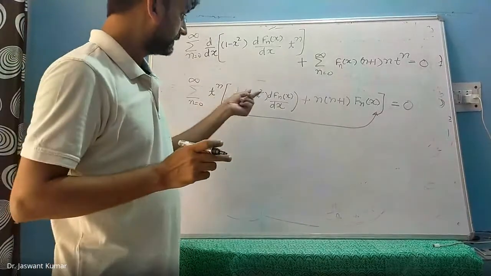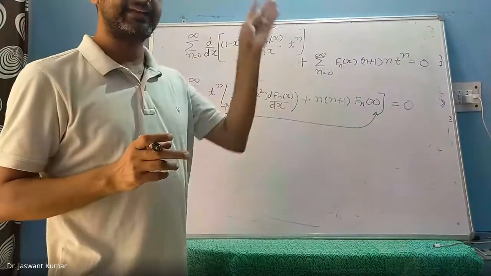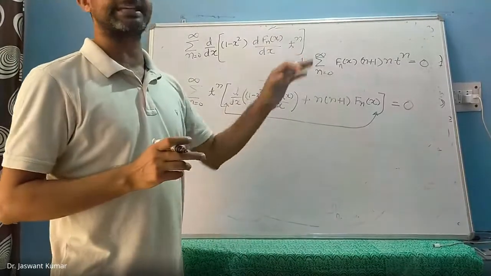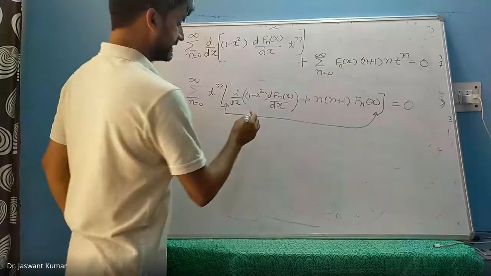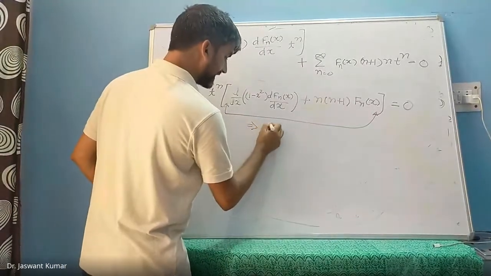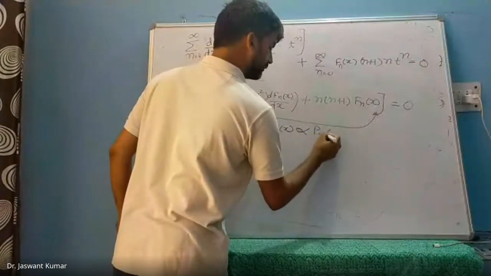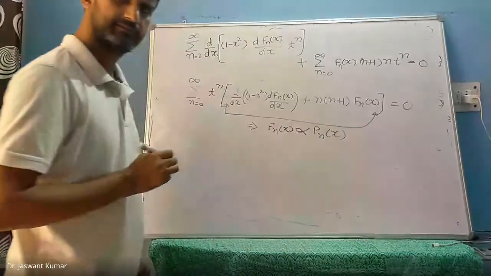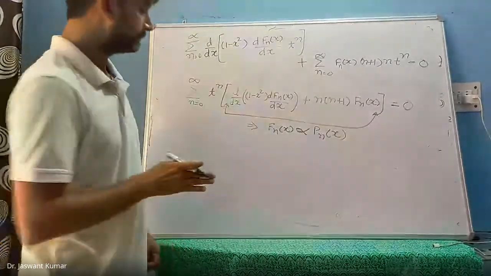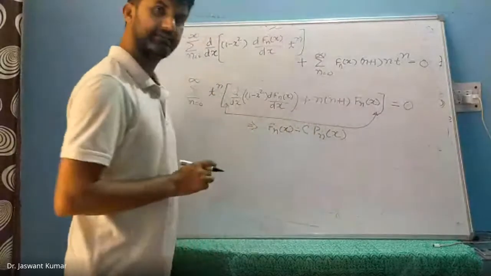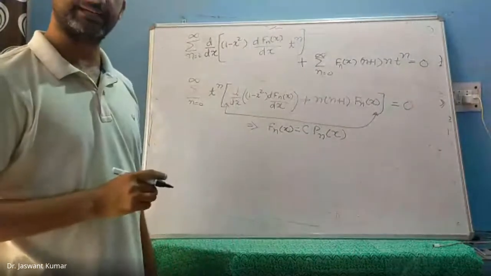Why? Because P n x we know satisfies the Legendre's equation, but now f n x is also satisfying the Legendre's equation. So that means this f n of x is proportional to P n of x. So you can once again put this proportionality symbol equal to an equality symbol and put a c on the P n x side.